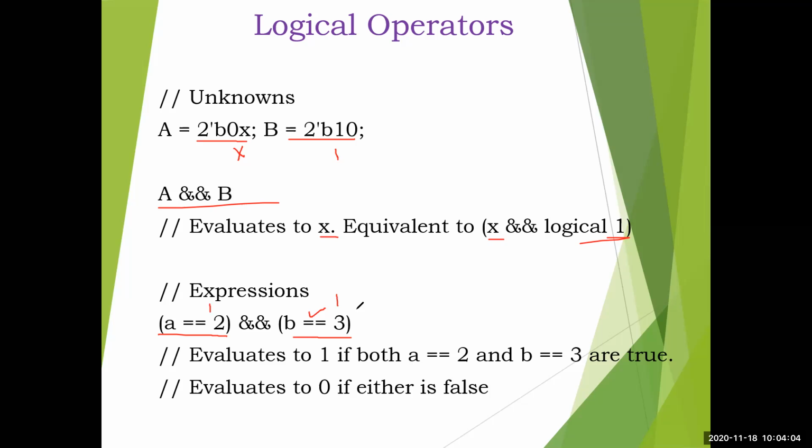Then 1 and 1 will give 1. The 4 combinations will come: 1 1, 1 0, 0 1, 0 0. It evaluates to 1 if both a equal to 2 and b equal to 3 are true. Otherwise 0 will come in all other cases, like 0 0, 0 1, 1 0, it will give you a 0 result.